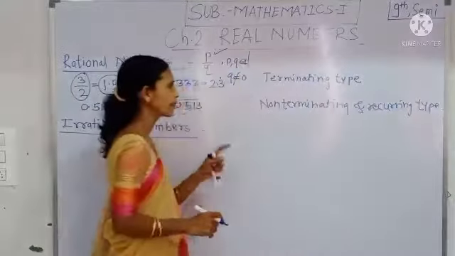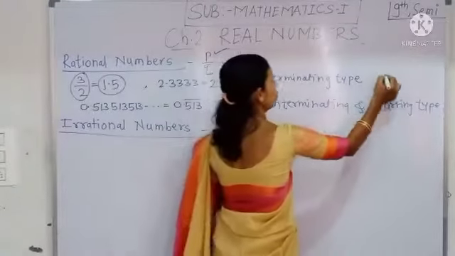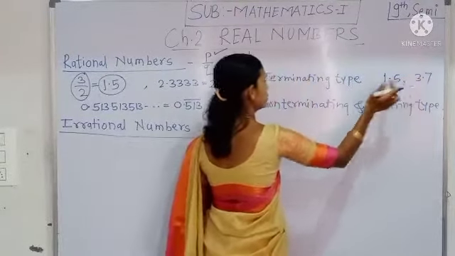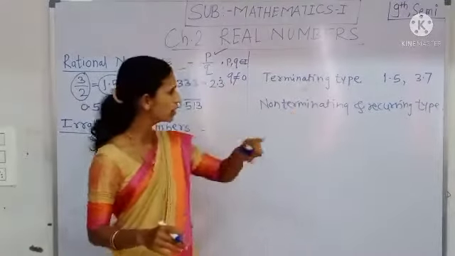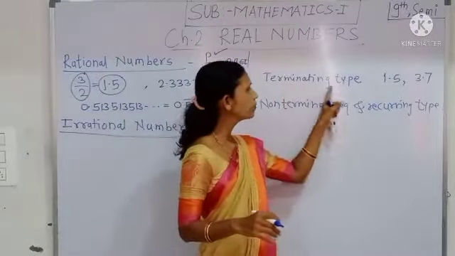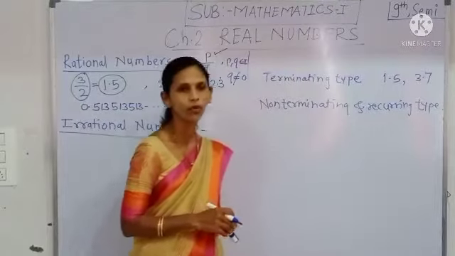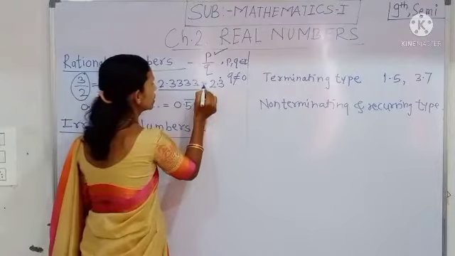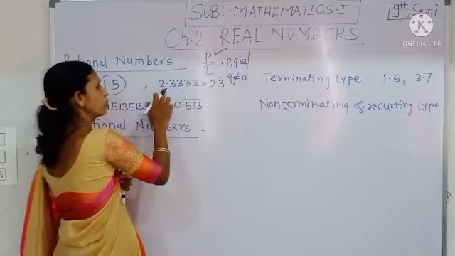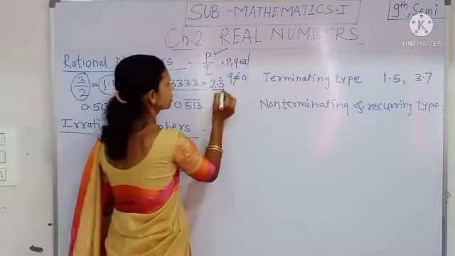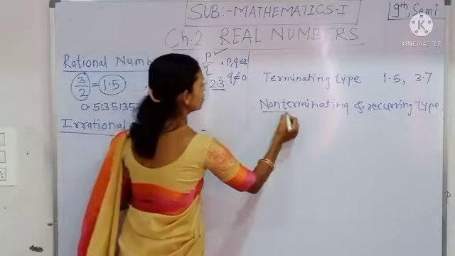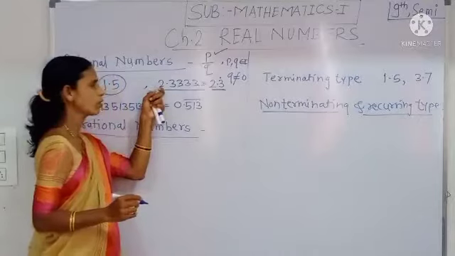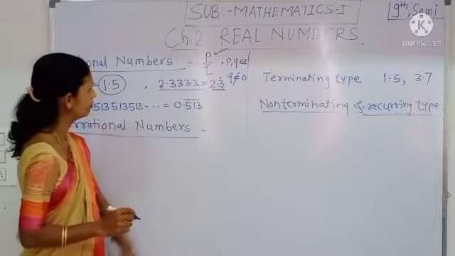For example, 1.5 and 3.7 are decimal forms of rational numbers which are terminating. And 2.3333 is the non-terminating recurring type of decimal form of the given rational number.